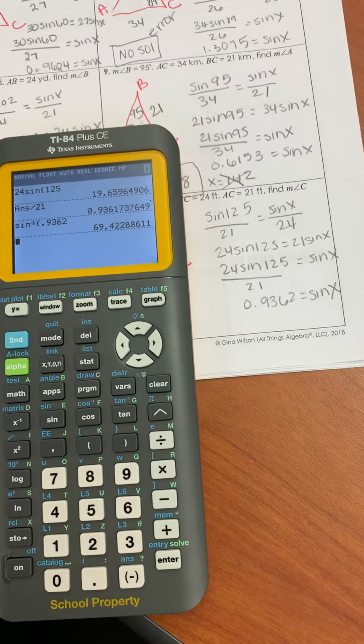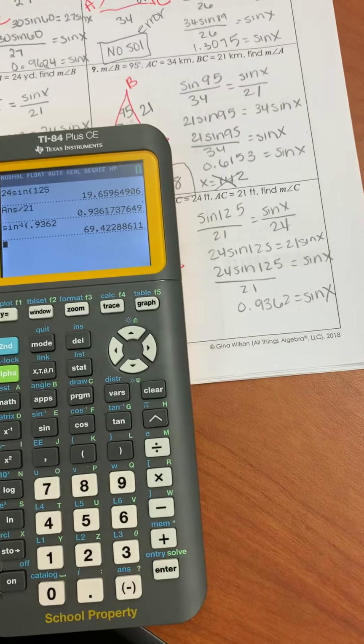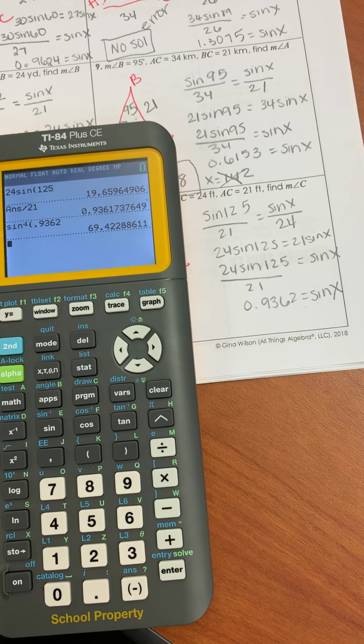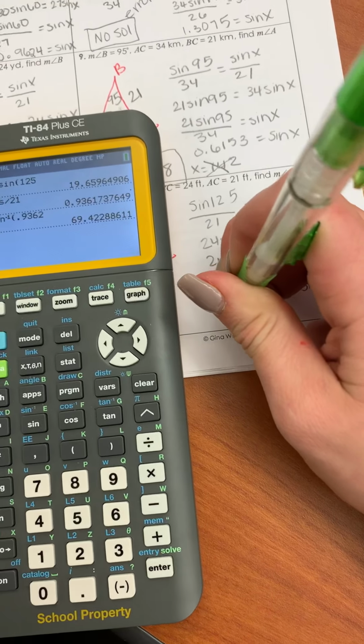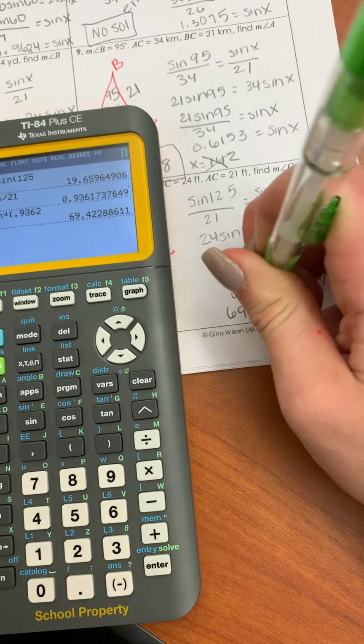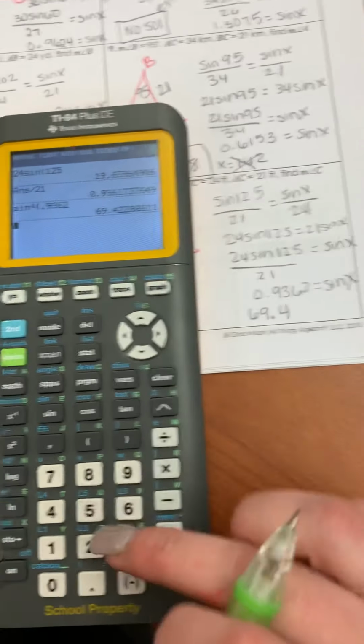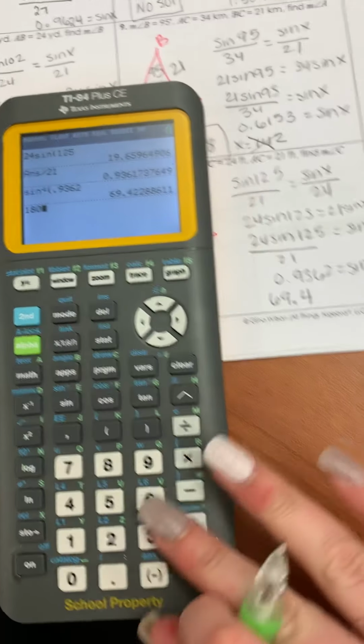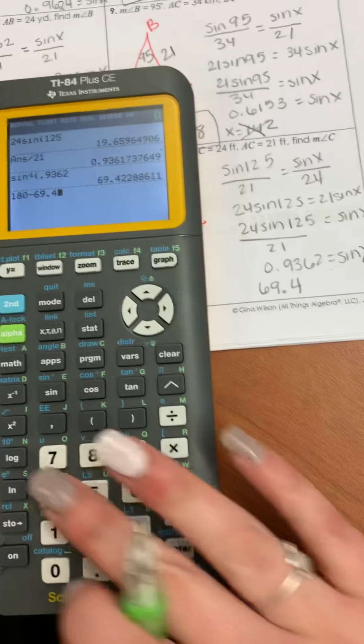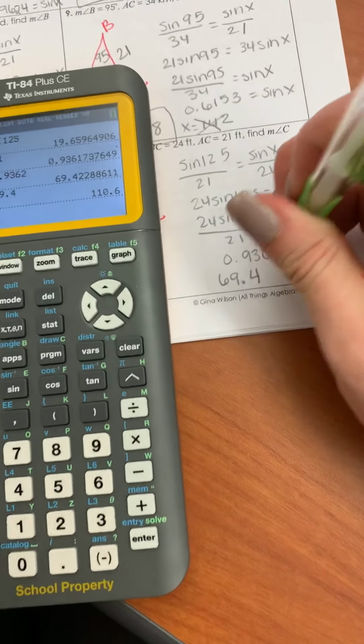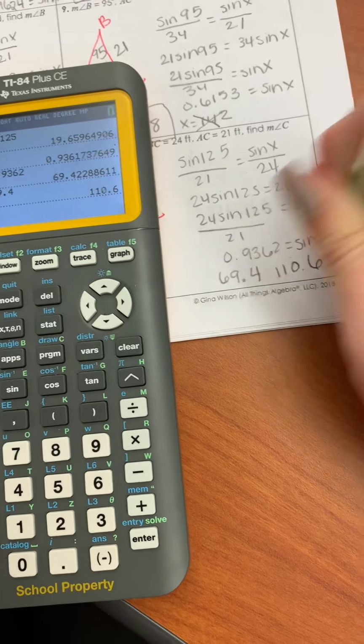And it tells me 69.4. And the other one, I would subtract from 180. So 110.6.